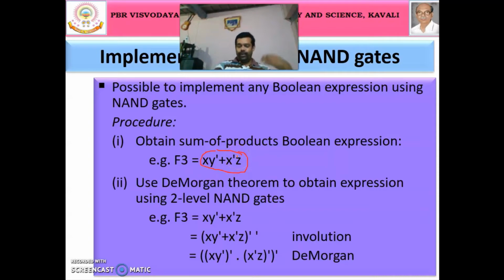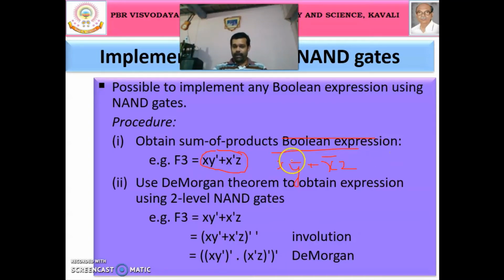In order to implement it with NAND gates, we complement the given expression twice, that is, x y bar plus x bar z complemented twice. We know that if you complement any variable twice, it will not change, that is, a double bar is the variable itself.